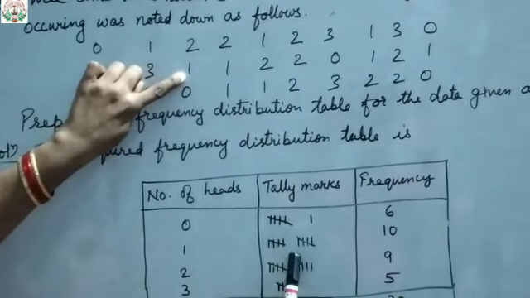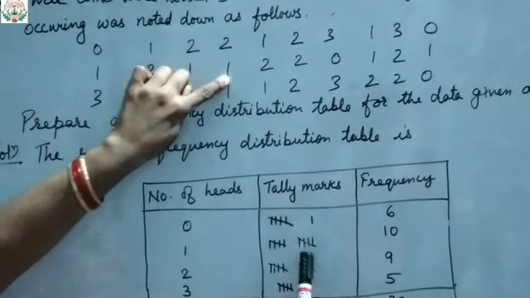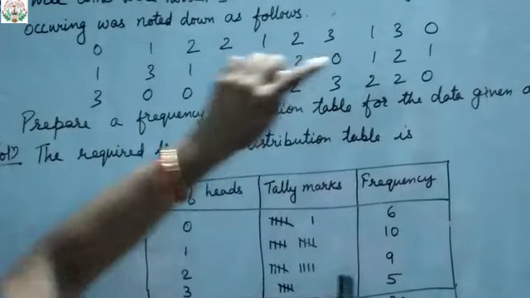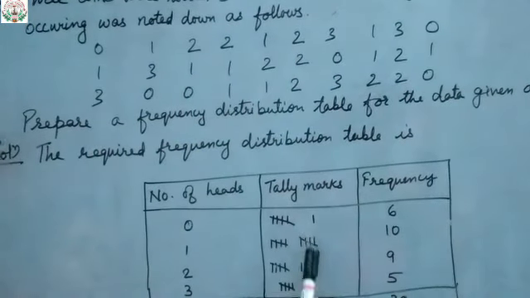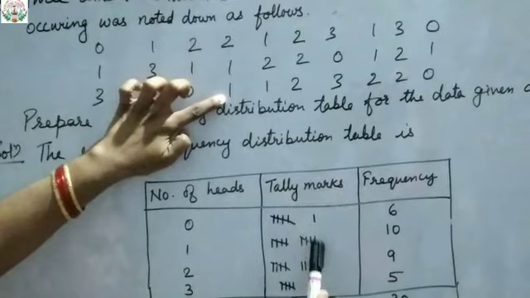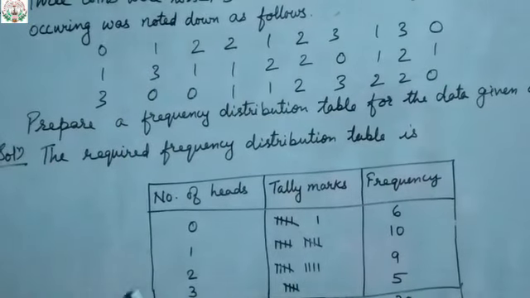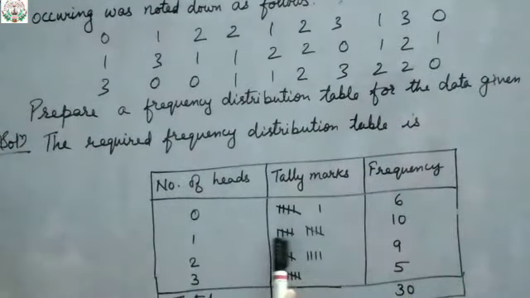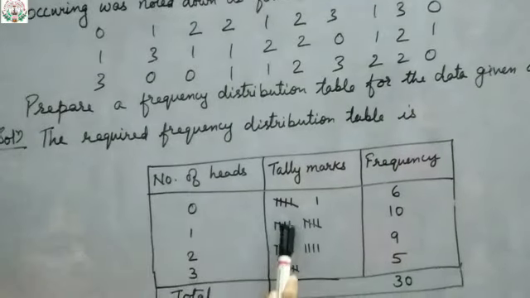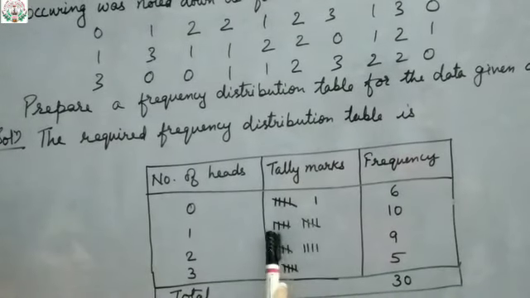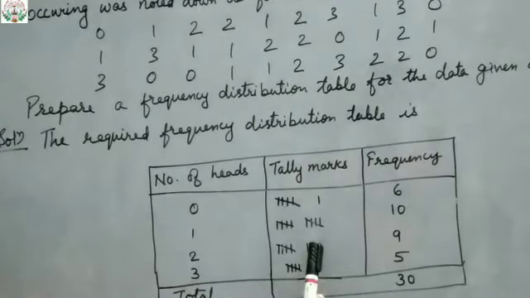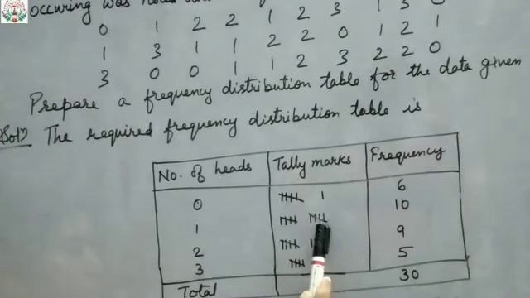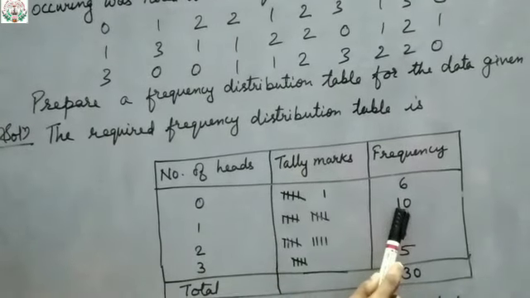Then the fifth one makes a cross line. How many cross lines? This is called 5, because 4 vertical lines and 1 cross line. Same way here 5, 5. So 5 plus 5 is 10.